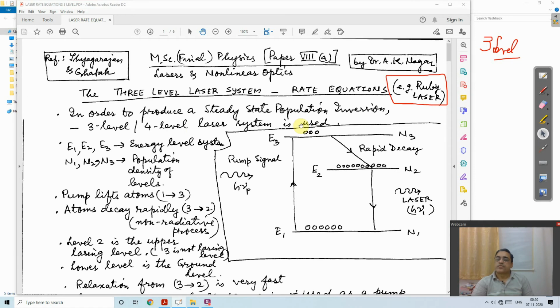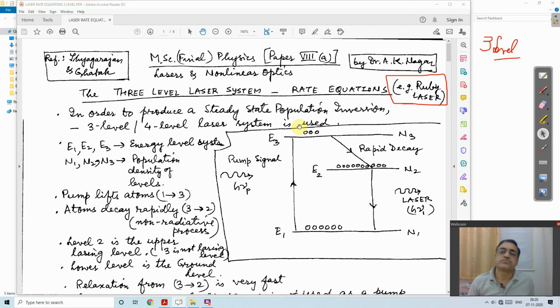We have seen during our last lecture that a 2 level laser system is not successful because we cannot obtain a steady state population inversion by just pumping between two levels, and we need a third level at least for maintaining a metastable state.